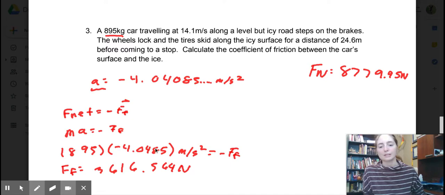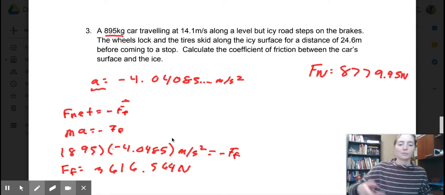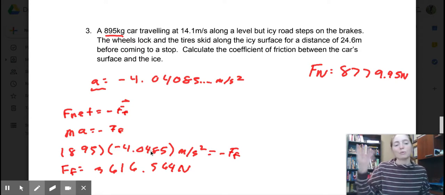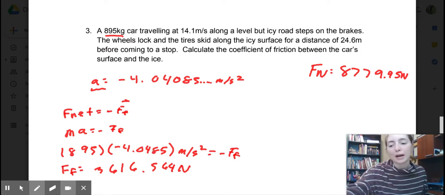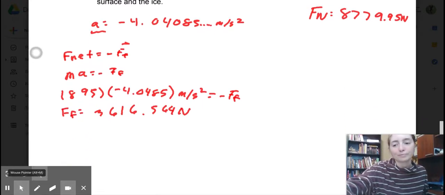Now notice what I've done here. There's this negative here and there's this negative here. I multiplied these two together and I got a negative number. Well, that leaves us with a negative force of friction. So we have a negative and a negative, and they both cancel out to be a positive. So that's why I did that there.